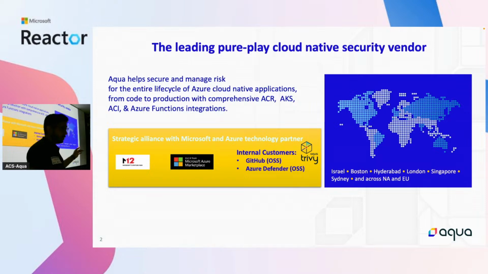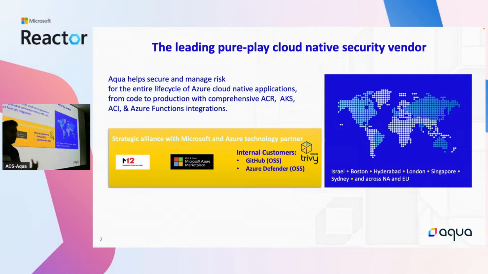And then we also see Microsoft as a customer. What I have liberty to say here is that we are intensely working with them from our open source perspective. Azure Defender, Azure's native security service, is also using Trivy, our open source scanner, under the hood to scan your images.